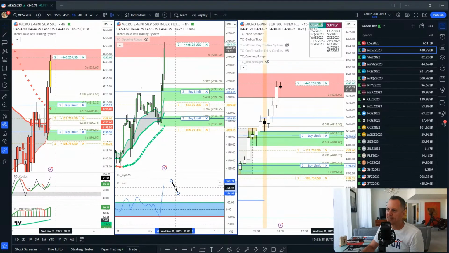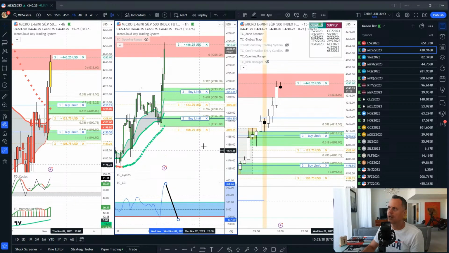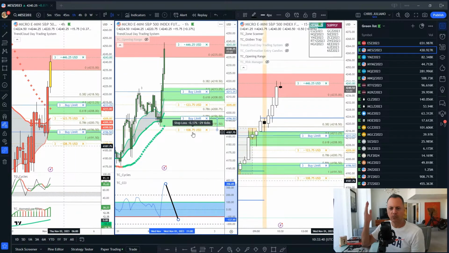As long as that CCI indicator, Gary, doesn't break below negative 100, that terminates the trade, because that goes against our process.